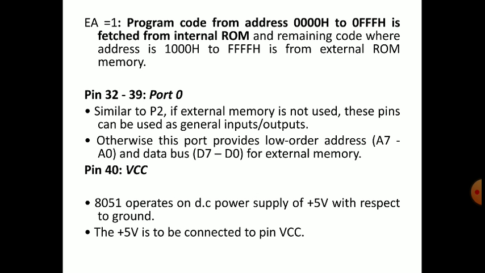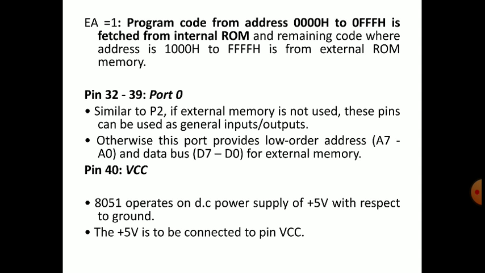If EA is equal to 1, program code from address 0000 to 0FFFH is fetched from internal ROM, and the remaining code, from address 1000H to the end, is from external ROM memory.